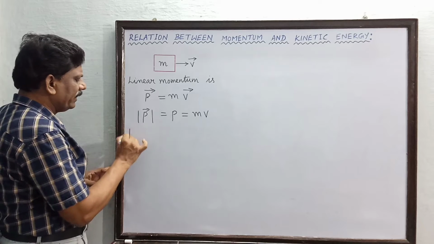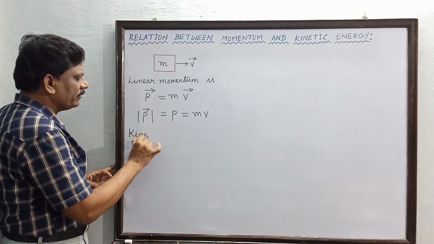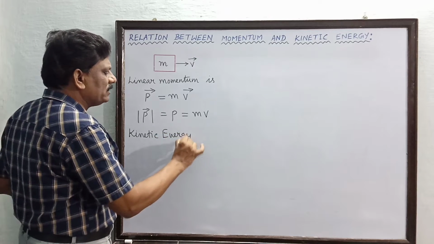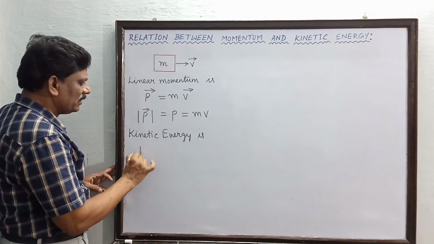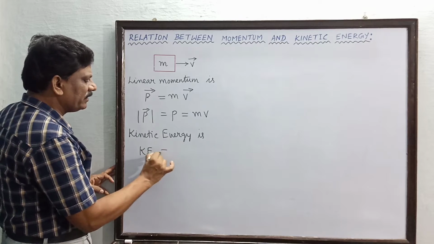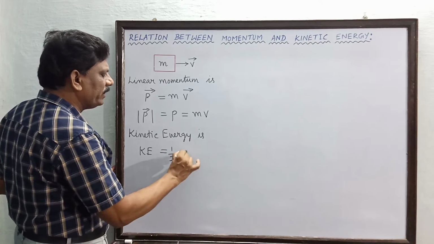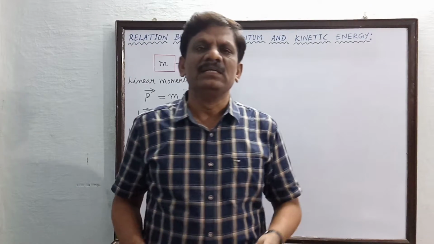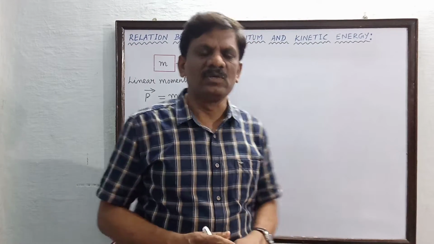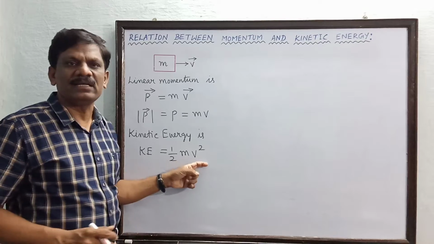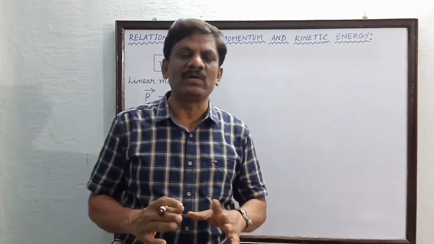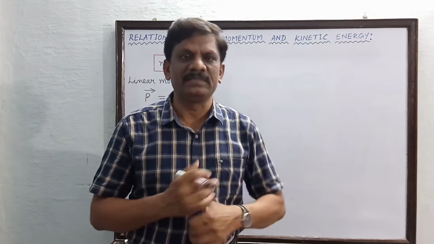Now the kinetic energy of the body. The kinetic energy of the body is KE is equal to half into m into v square. Energy is a scalar, so kinetic energy also is a scalar. So this v square I am going to write in terms of vectors.